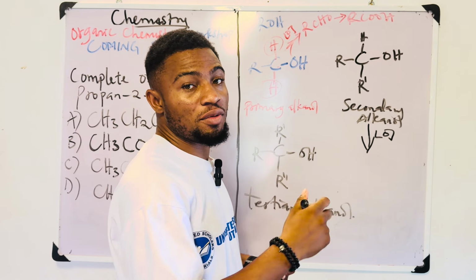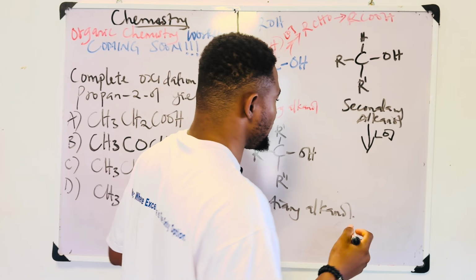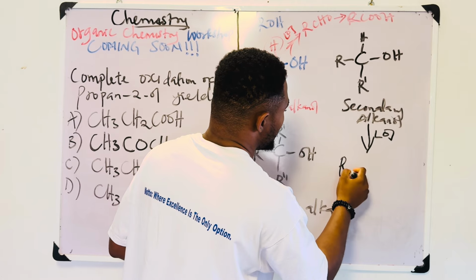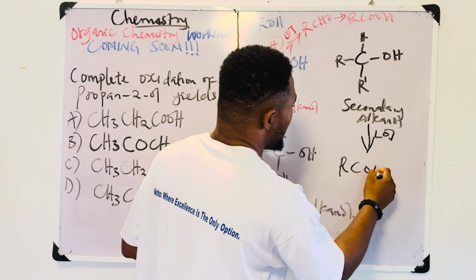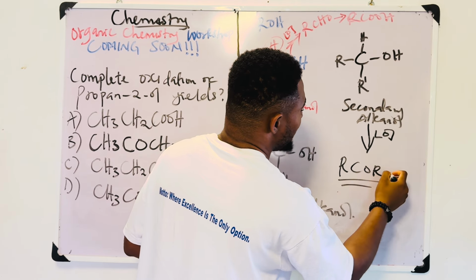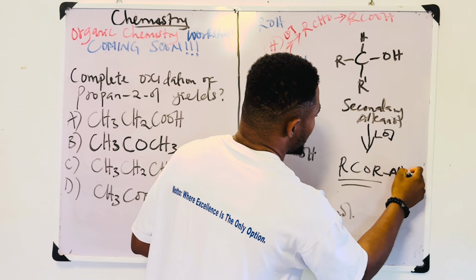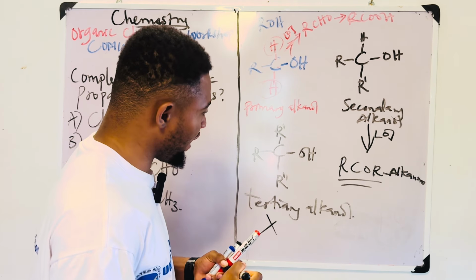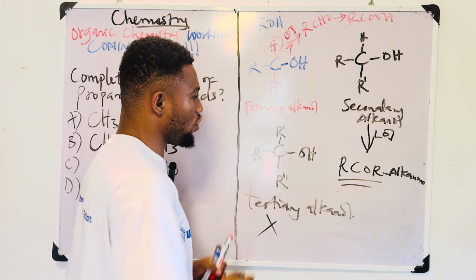You know this oxygen came from potassium dichromate(VI). So it will give us RCOR, alkanone. For this one, no oxidation will occur here. Do you understand? No oxidation will occur here.